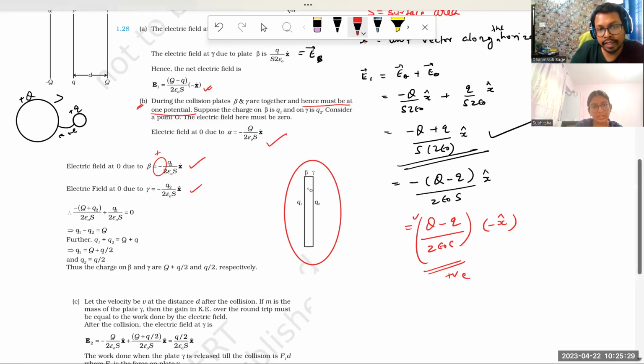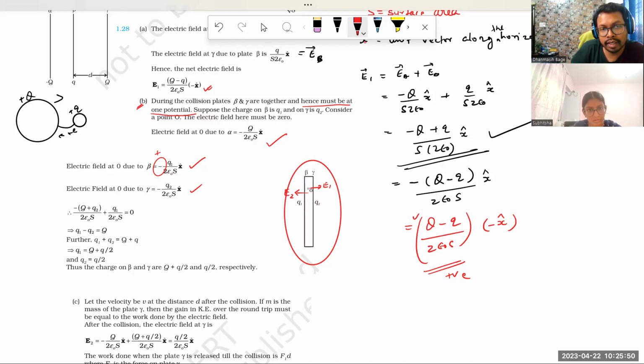Because just see, beta is here. Q1 is a positive charge, so it will produce an electric field in this direction. Q2 is also positive, so it will produce an electric field in the opposite direction.